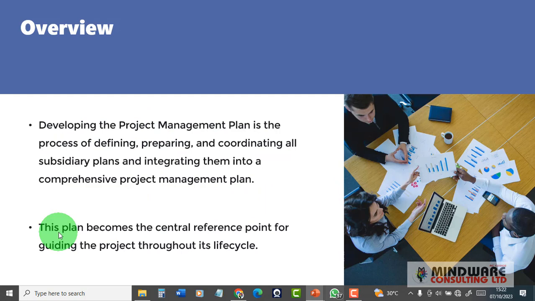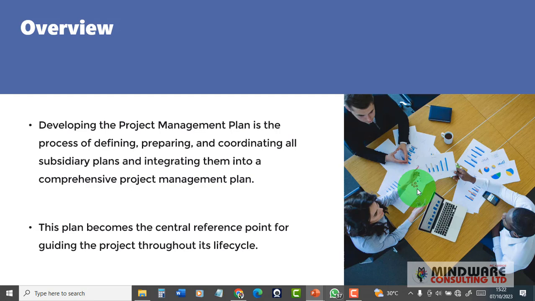So this plan becomes the central reference point for guiding the project throughout its life cycle. When you've done all the sub plans, all the little plans, you put everything together from every other aspect of the project to form this comprehensive plan for the project. So this one now becomes the reference point.